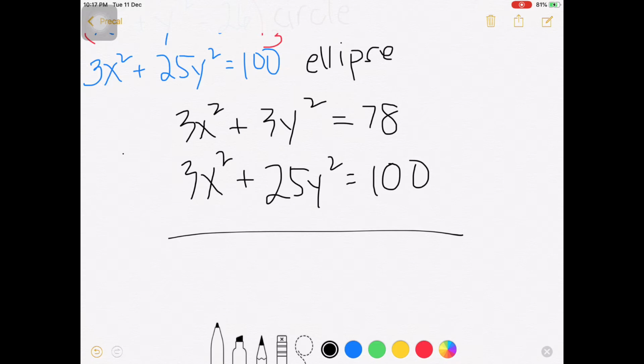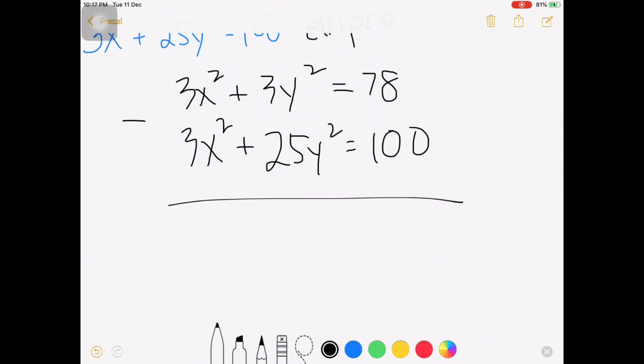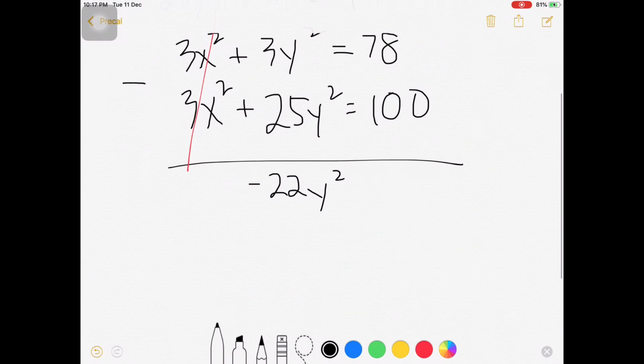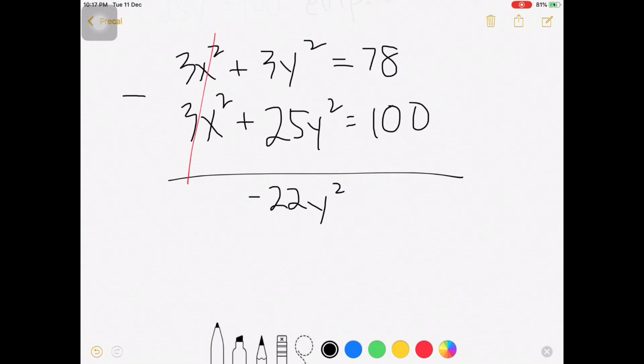Now we have to subtract these two equations. 3x squared minus 3x squared, it's 0. Now, 3y squared minus 25y squared, this is negative 22y squared. Now, 78 minus 100, it is negative 22.